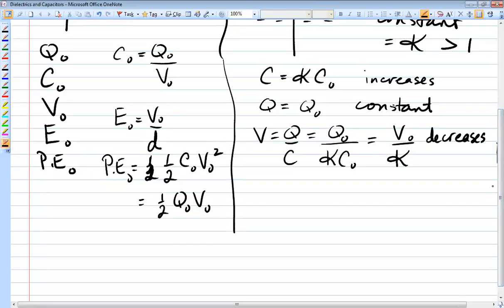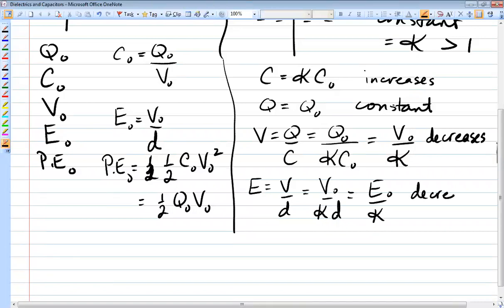The electric field is defined to be the voltage per distance. Distance isn't changing. We're not spreading the plates or anything. So this will now be V0 over kappa D, and so this is E0 over kappa. There's that decreasing electric field because of the dielectric.